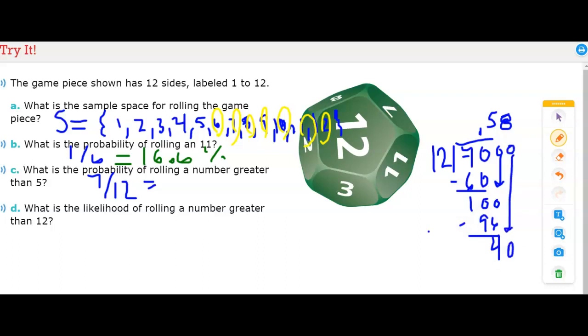It's 40. 12 goes in 3 times. That's 36. That gives me 4 again, so it's going to repeat. But all I want is a percent. So I'm going to move that decimal over 2 times to the right. So now my percent is about 58%. So 7/12 is my probability. If I wrote it as a percent, it'll be about 58%.